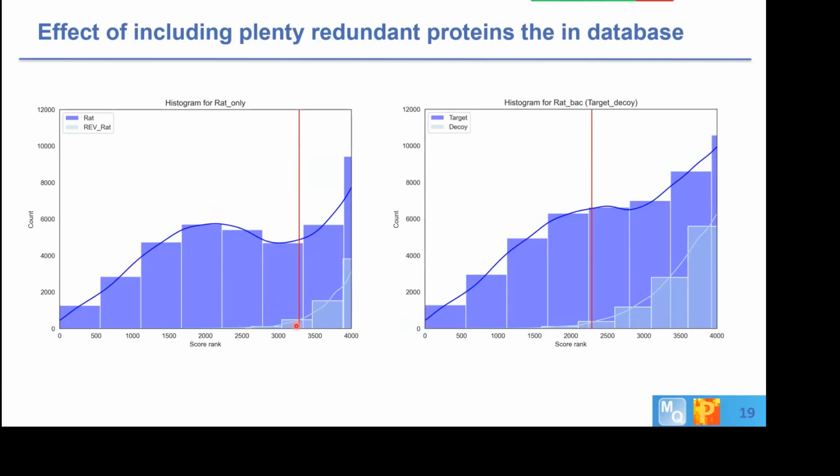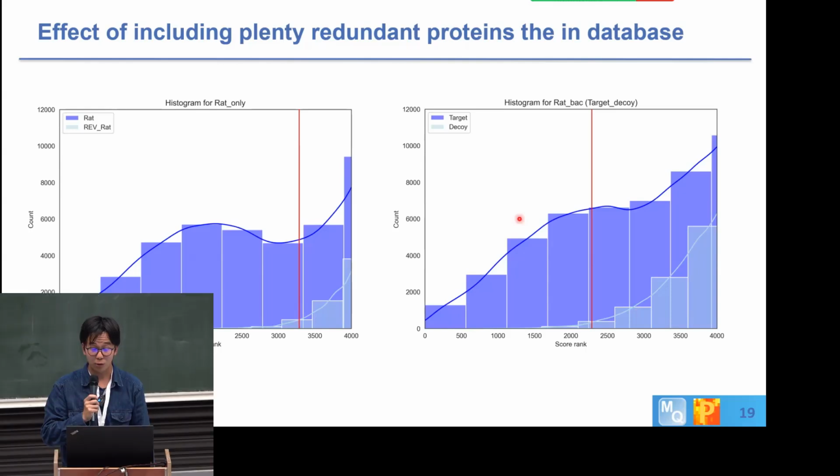In this case, the red line shows the cutoff of FDR 1% stopped at almost rank 305,000. But when we search against a huge database that includes a lot of redundancy, you can see that the cutoff of the FDR 1% stopped at around 2,600.